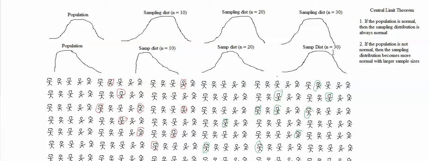Because I said that 30 is a rough guideline for when the sampling distribution of possible samples becomes roughly normal when the population is skewed.